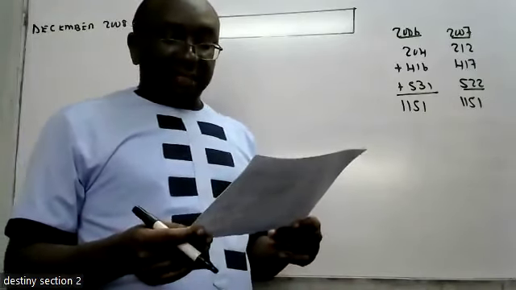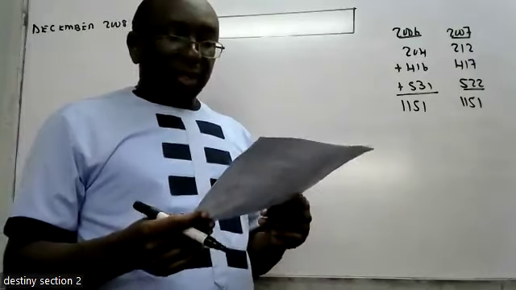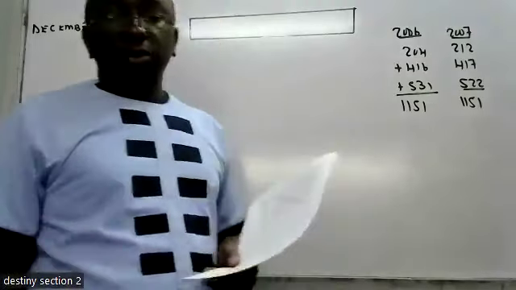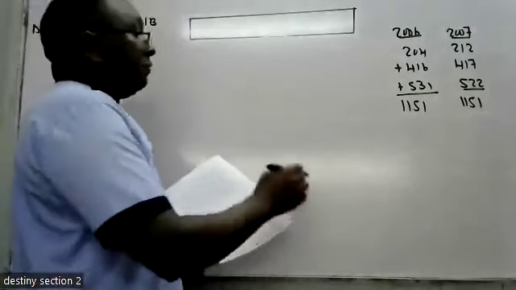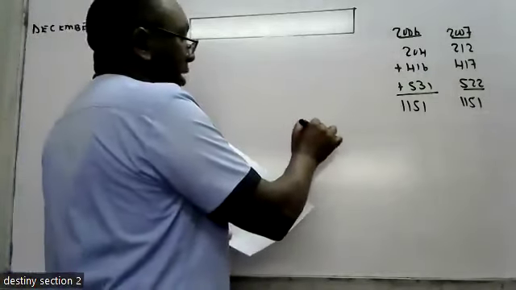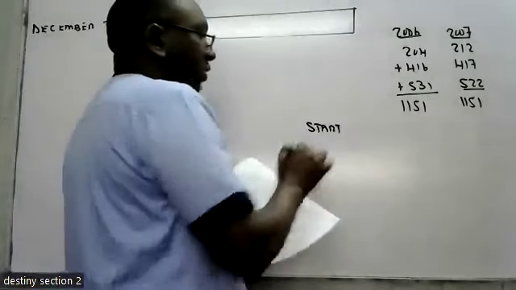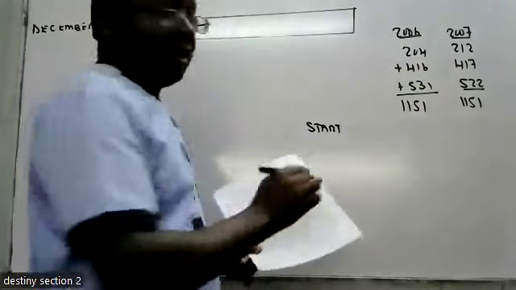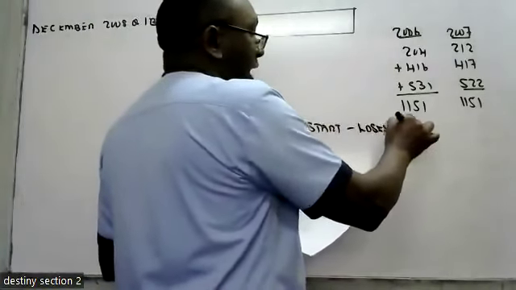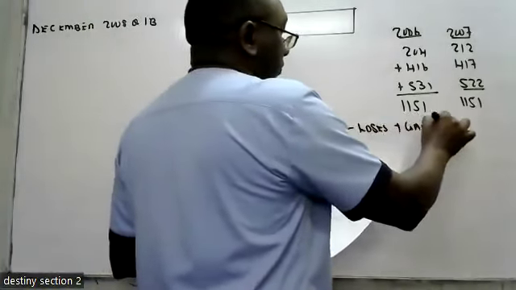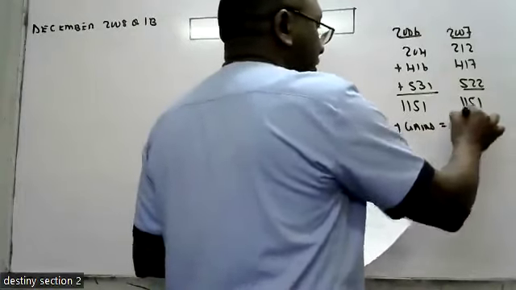Now the other thing is, if you want to know the number of clients that you end up with, you get the start or the opening, you less losses. You add gains to get the end.